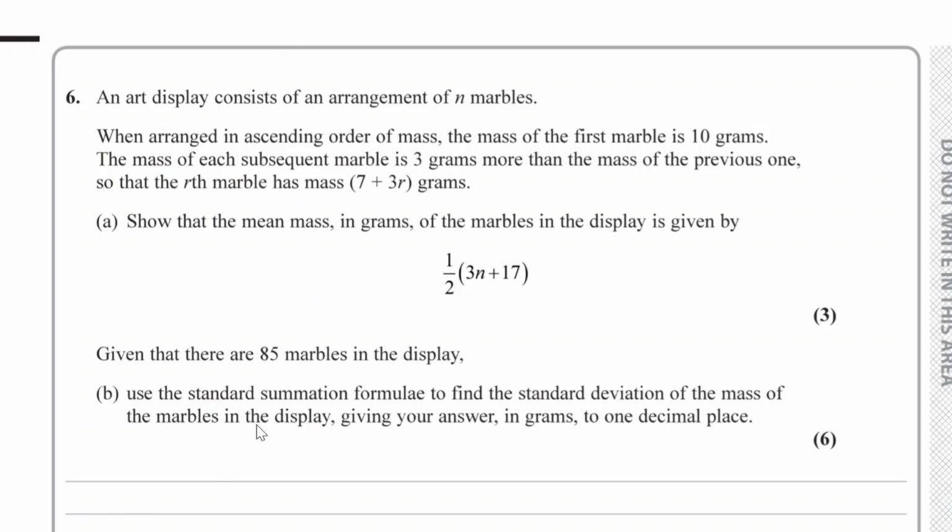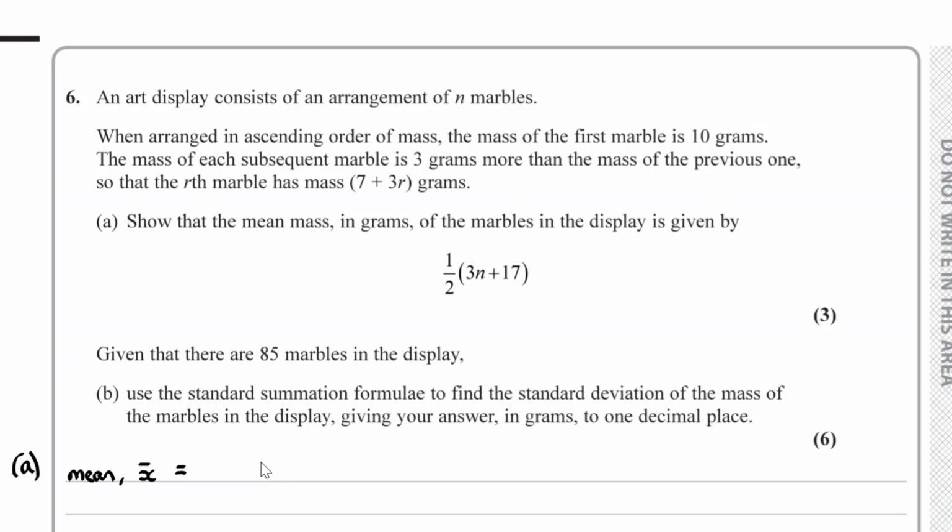So what we have to do to find the mean, if I write this down for part A, the mean x bar is equal to, well, we have to add up all the masses together. Now we don't know for definite how many masses there are, at least in part A, so we have to add up all the marbles together.